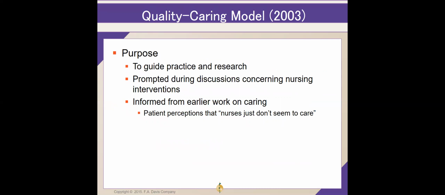So this quality caring model was developed to guide both practice and research, and also to examine nursing interventions to improve this feeling of being cared for, because patients have perceptions that nurses just don't seem to care.